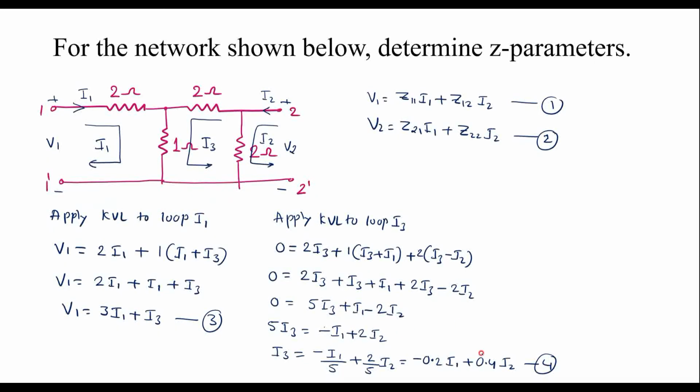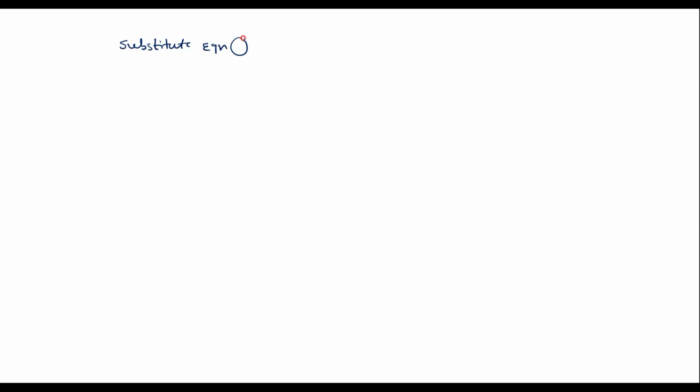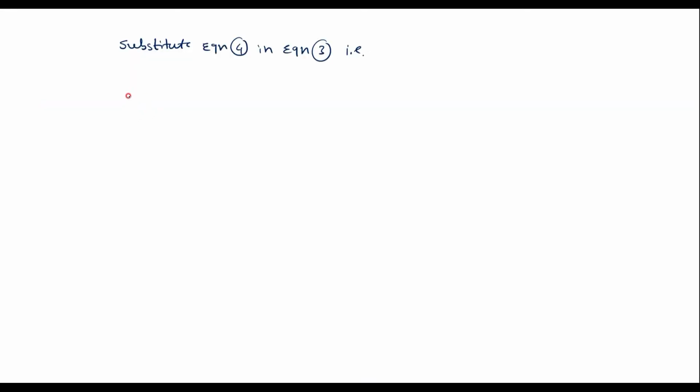Now we'll substitute equation 4, that is the value of I3, in equation 3. In equation 3 we have V1 is equal to 3I1 plus I3.